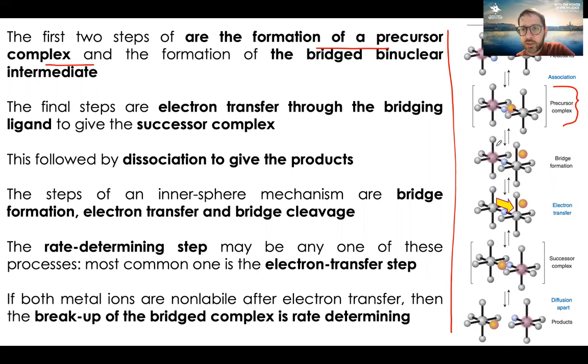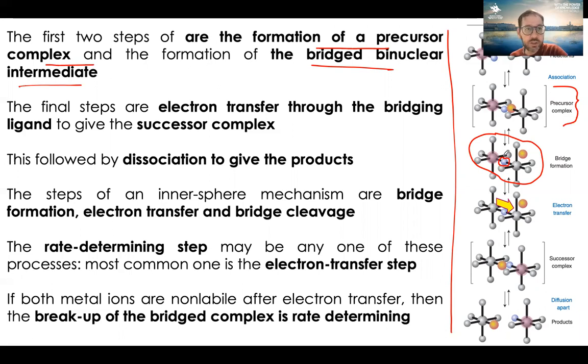After this comes the formation of a bridged intermediate, in which we have a ligand substitution reaction for the second complex, leading to a bridged intermediate in which one of the ligands is shared between the two metals.